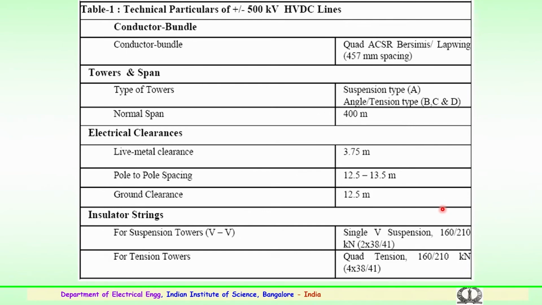For the insulators used in the various configurations, they use a suspension type for towers, either V configuration, single V or double V. In case of single V, 160 kilonewton and 210 kilonewton insulators consisting of two arms, one side of the V is one arm and the other side is one more arm, with either 38 insulators of 210 kilonewton or 41 of 160 kilonewton normally used.